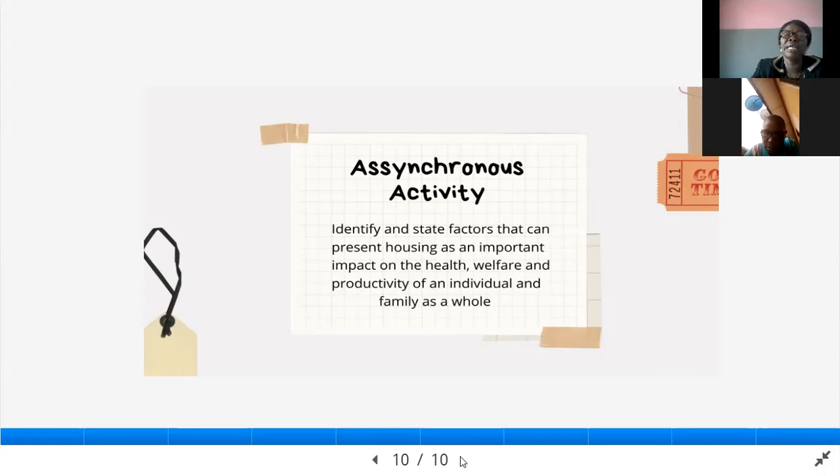Why do we say that where we site our houses, where we build our houses, is very important to the family? What are the reasons? What are the factors that make choosing a house important to the health of the whole family?